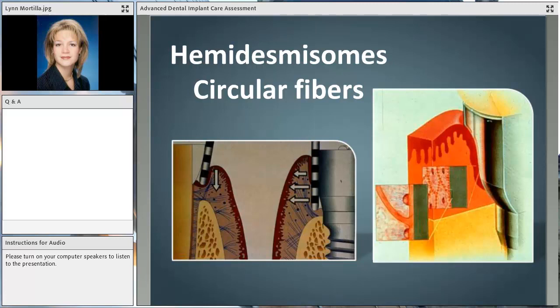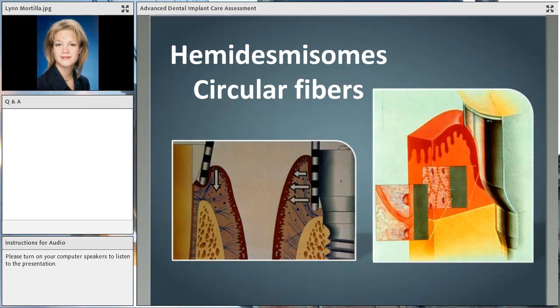Hemidesmosomes, we talked about that in circular fibers. When we talk about this soft tissue, I want to talk about the probing differences. If we look at the slide here on the left, understand that when we're probing around a tooth, what we're trying to do is assess where the crestal bone is. And what we're doing is bouncing on fibers.